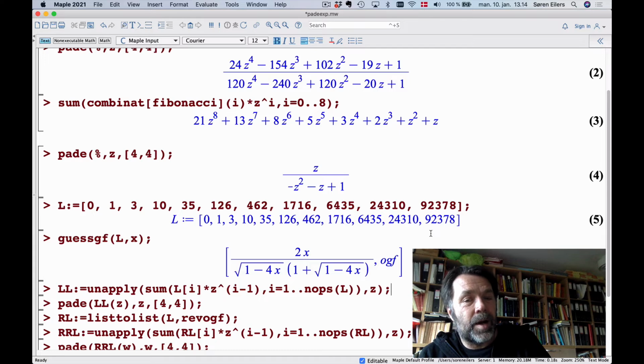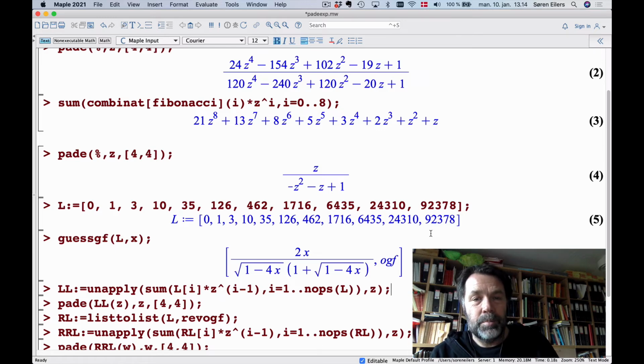So the question is, how can Maple recognize this with the help of Padé approximation? And the answer is very parallel to what we saw when we looked at, for instance, identify. Identify is really good using the PSLQ algorithm. It's very good at finding linear integer combinations of numbers, so it can recognize anything that looks like an integer times pi plus an integer times e plus an integer.